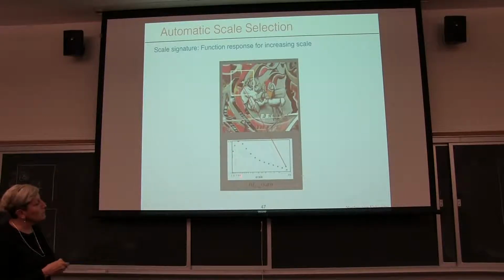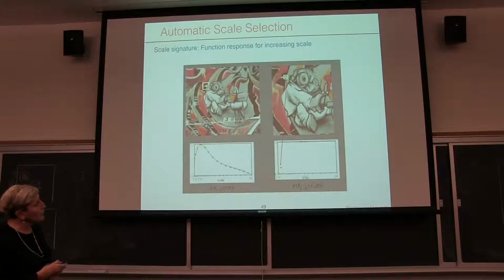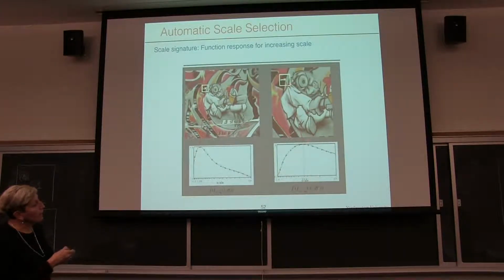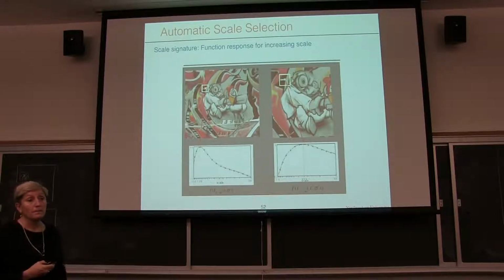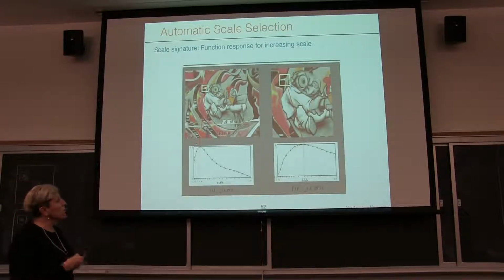And this guy is maximum at this scale, okay? Now I do that same thing with the other image, plot, and the maximum is over here, okay? And that is when this guy has a corresponding patch to this guy. Okay, so what I'm saying is when this is maximum and this is maximum, I have the right size over here that corresponds to the right size there.